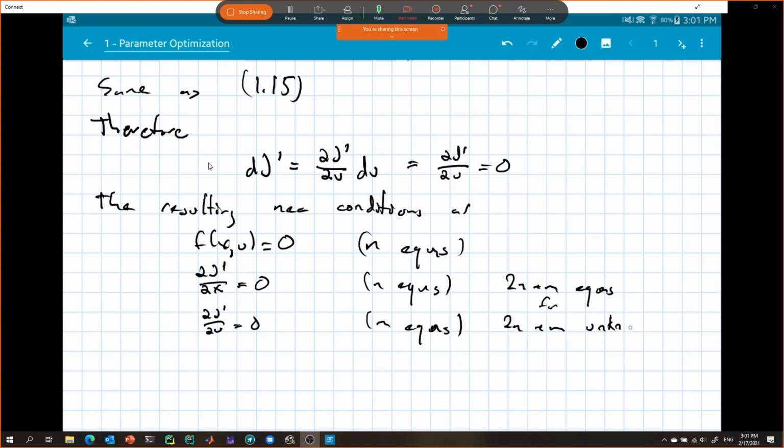Where we got the other n unknowns are the Lagrange multipliers. So this is x, lambda, and u. Okay, any questions?